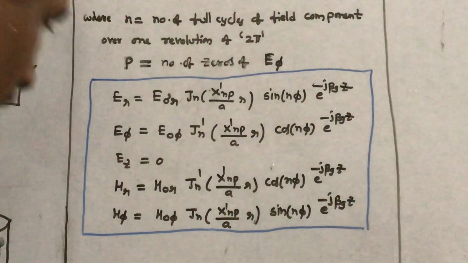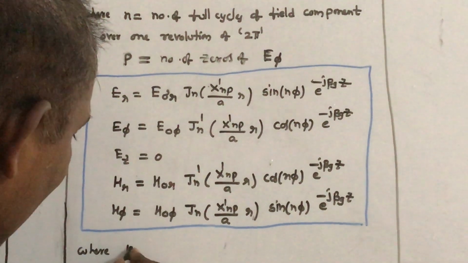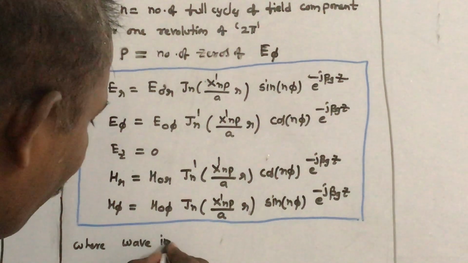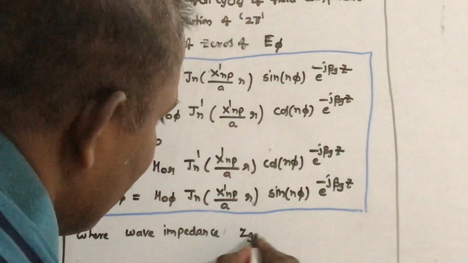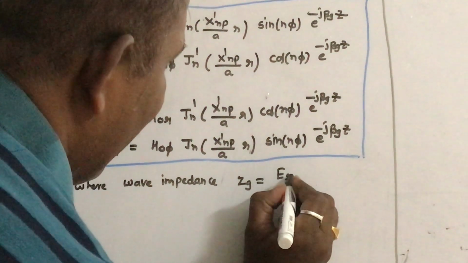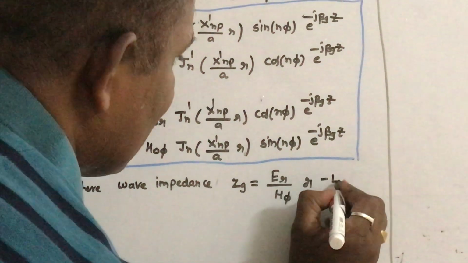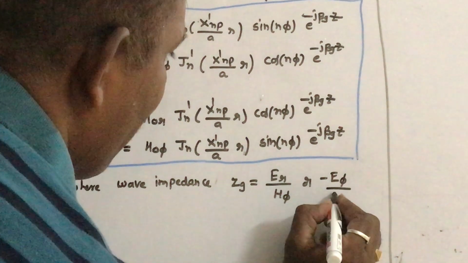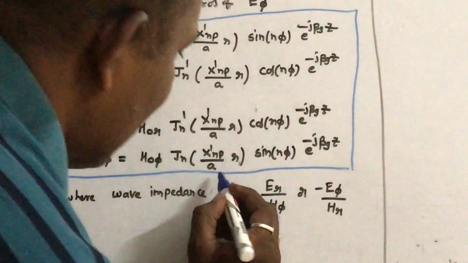Now, the wave impedance, another very important word. The wave impedance Zg is equal to ER by H phi, or minus E phi by HR can be used. What is the wave impedance? The E by H ratio is called the wave impedance.